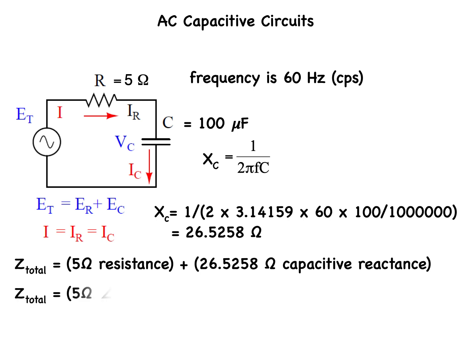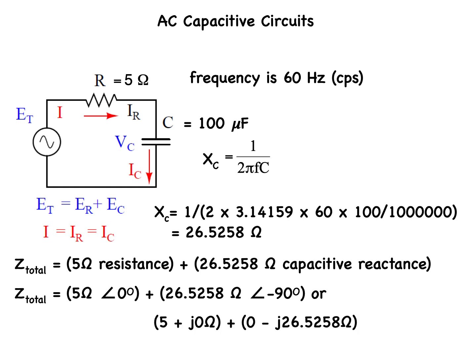The total impedance for the circuit is the 5 ohm resistor plus the 26.5258 ohm capacitive reactance. But those are phasors, which are 5 at 0 degrees plus 26.5258 at minus 90 degrees.